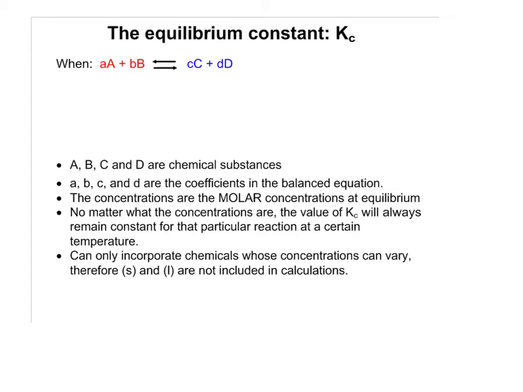When a reaction is at equilibrium, it has a constant value that we can calculate called the equilibrium constant, or Kc.